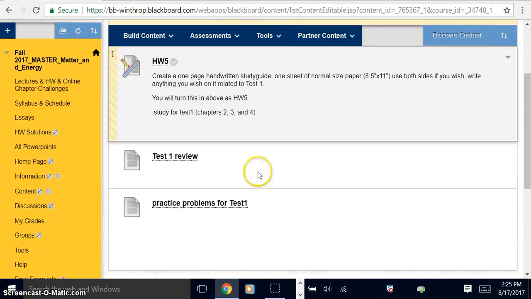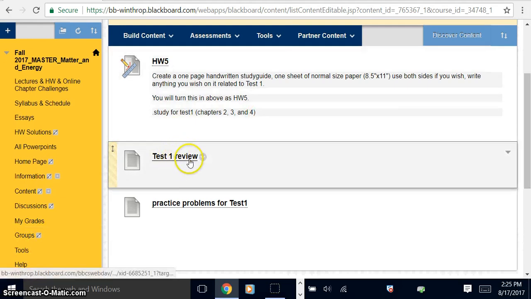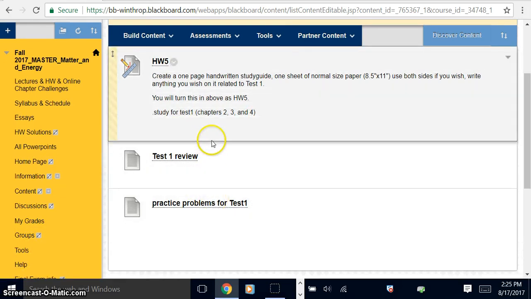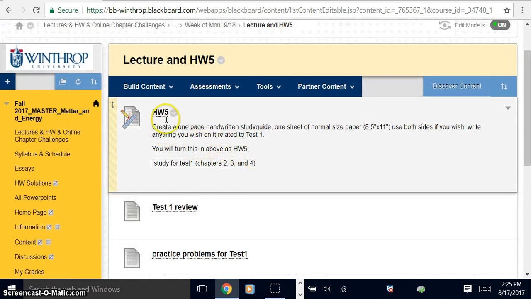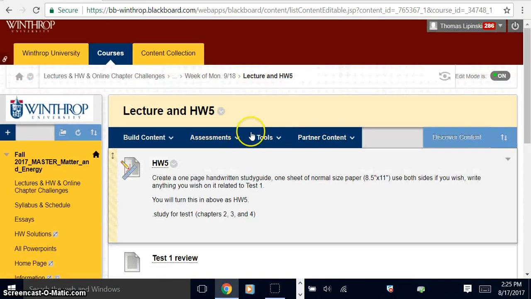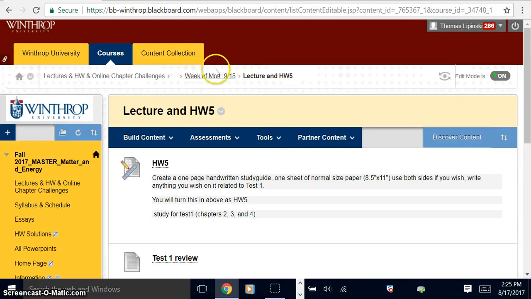Okay, and notice here some review questions, some practice problems for you to look at too. So when you're done with this, make sure you do this before you actually attempt the test. You're going to submit this, you do it by hand, and then just upload it as a PDF file, or a Word file, something like that, whatever you wish.